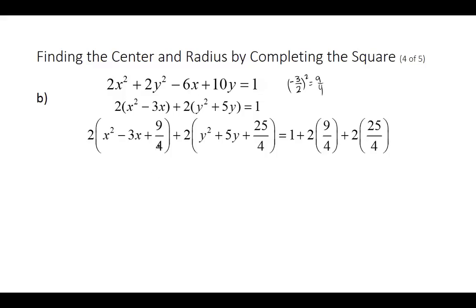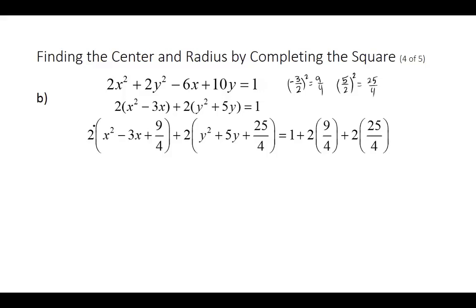That's why I added 9/4 here inside the parentheses. Similarly, you take the coefficient of y, which is 5, you divide it by 2, and you square it. That will give you 25/4. And that's what you need to add inside the parentheses. You're really adding and subtracting 9/4 and 25/4 inside the parentheses, and then you move that out.